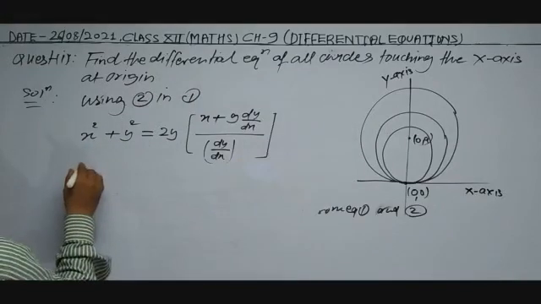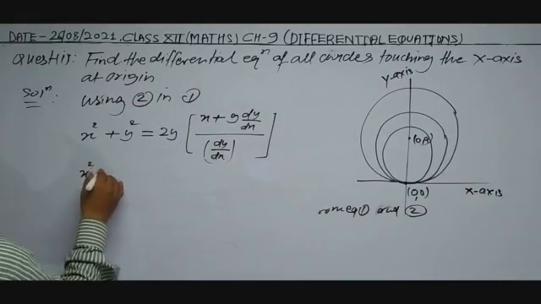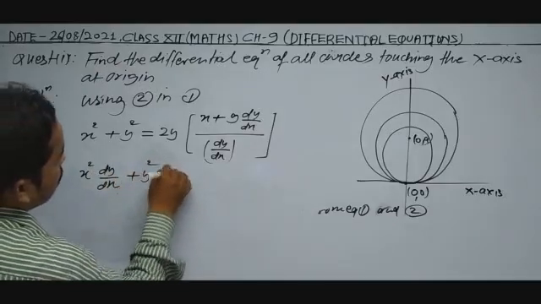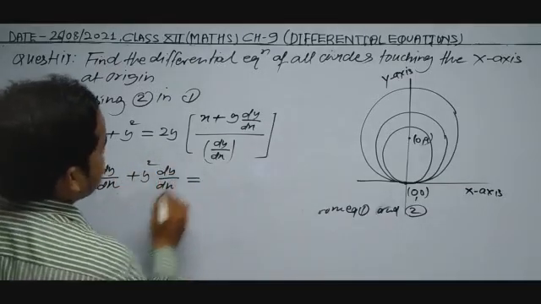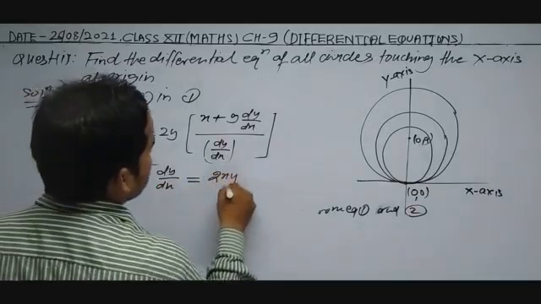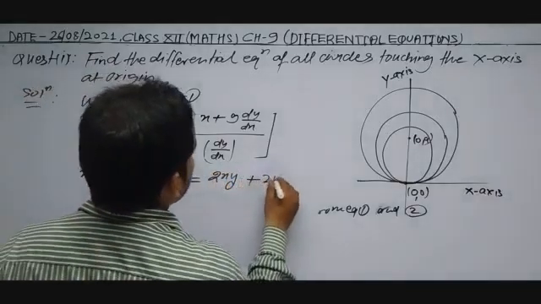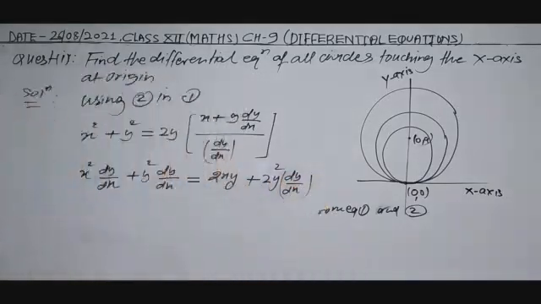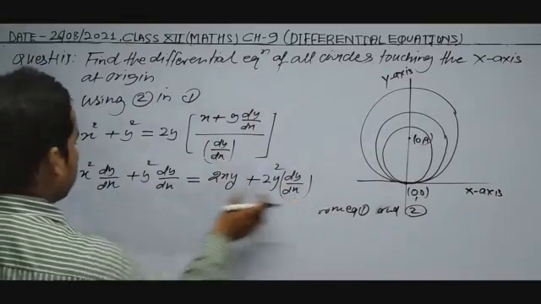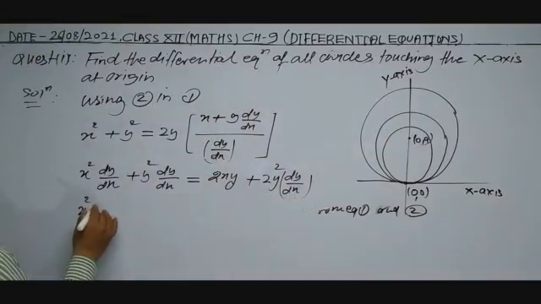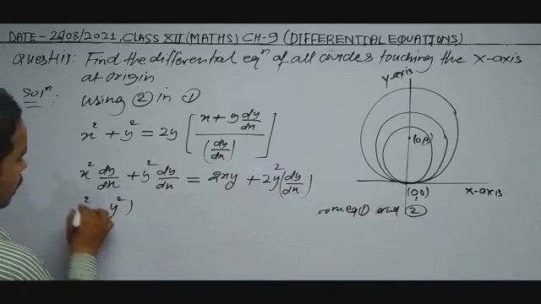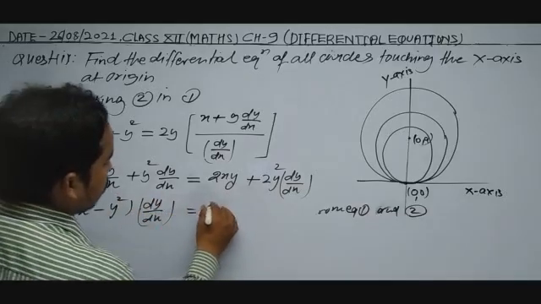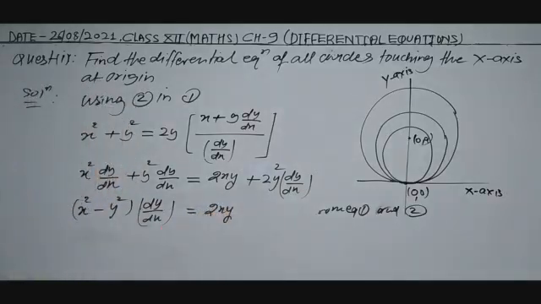When you cross multiply, x square dy by dx plus y square dy by dx is equal to 2 times xy plus 2 times y square dy by dx. Now these are like terms, you can subtract them. So x square minus y square in bracket times dy by dx is equal to 2 times xy.